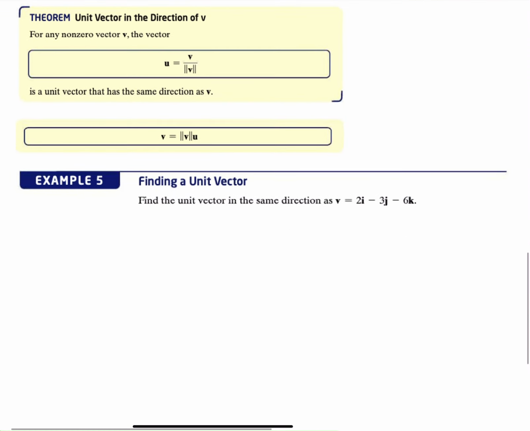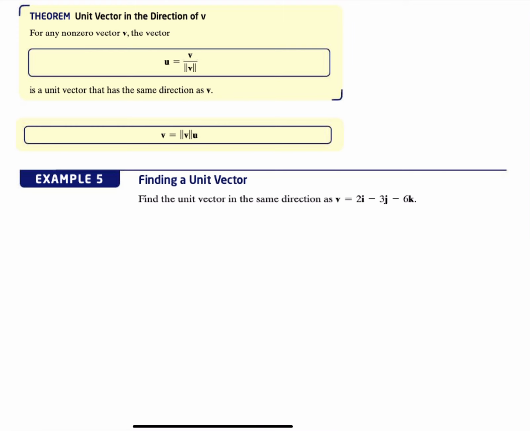We can find the unit vector in the direction of v in the same way by taking the vector and multiplying by 1 over its magnitude. So if our vector v in example 5 is 2, negative 3, negative 6. Let's find its magnitude.